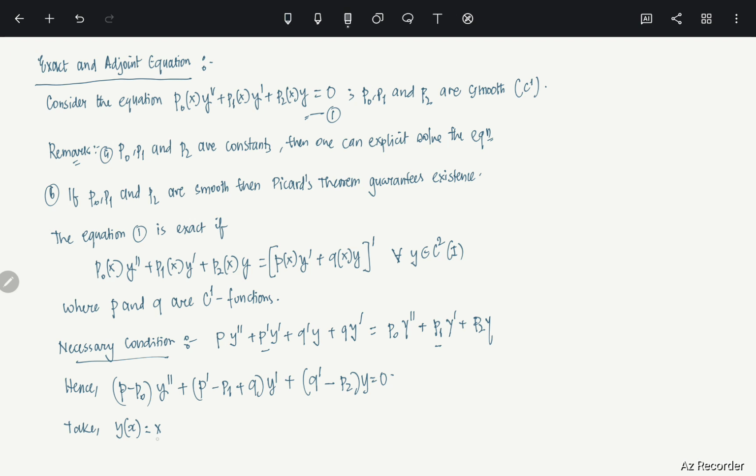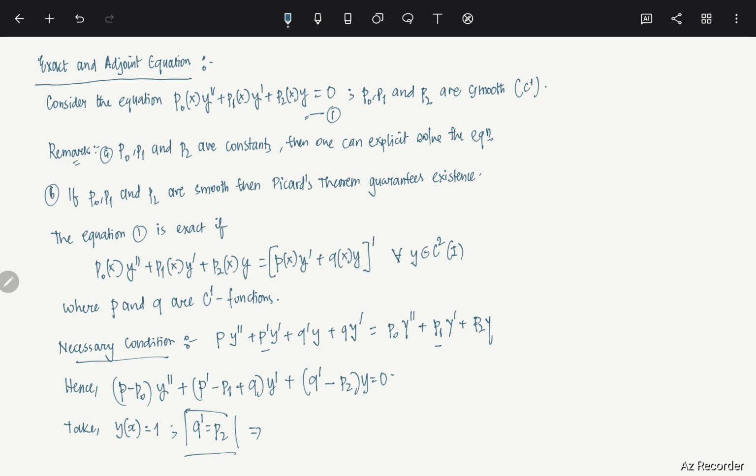Let's do that. If y is 1, then y double prime is 0 and y prime is 0. So basically q prime has to be p2. Okay, so you get this expression, q prime equals p2. That will imply what? So you know what q is: q is such that q prime equals p2.